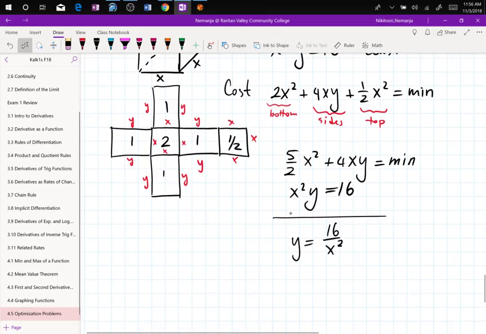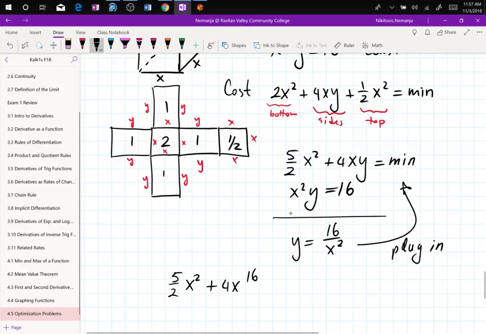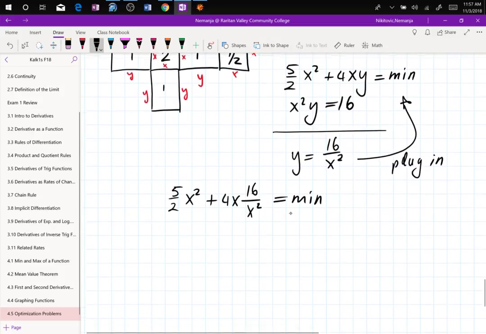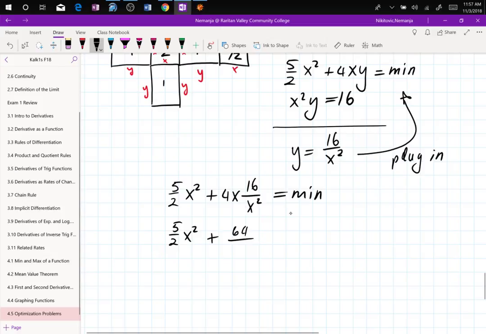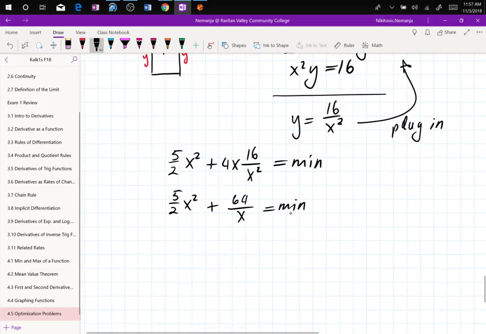I'm killing y, right? So now plug in. I'm getting 5/2 x squared plus 4x times 16 over x squared instead of y equals a minimum. And now just shovel through algebra and calculus. 5/2 x squared plus 4 times 16 is 64 over single x, right? Because one of the x's cancels.